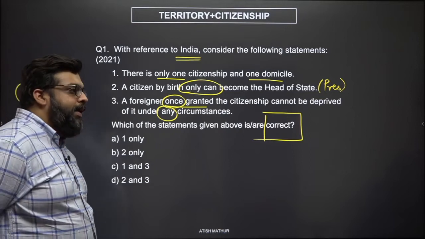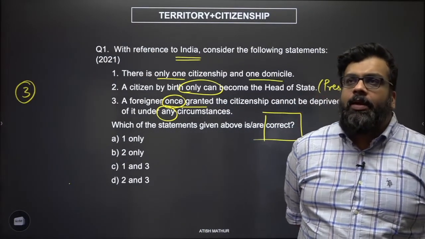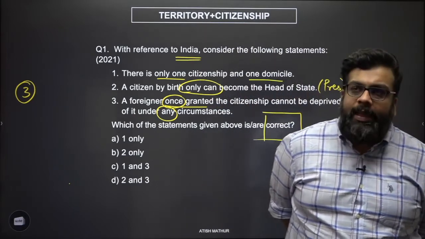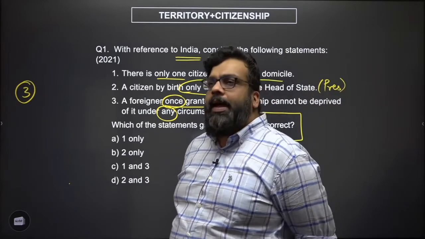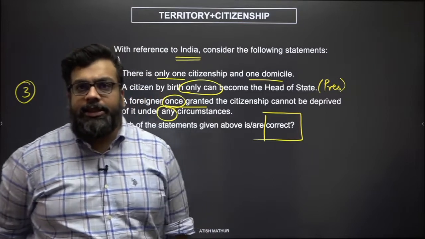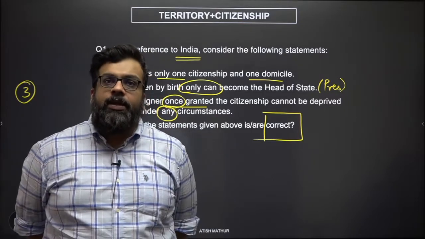If that was the case, then how would you look at re-examining citizenship under the context of the Citizenship Amendment Act? If that was the case, then why would the Citizenship Act of 1955 have provisions on how to lose citizenship? For example, termination, renunciation, or fraud.